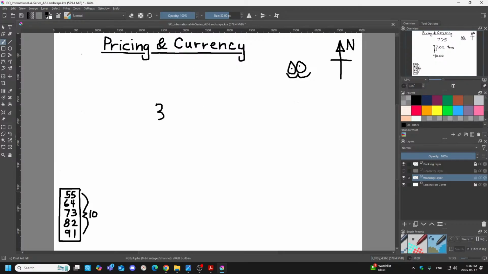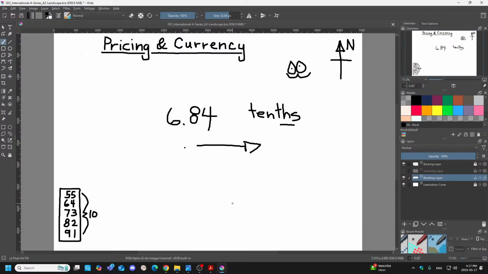Let's do another one. 6.84. Round to the nearest tenths. Again, this is to the right of the decimal, and remember, there's no such thing as "ones-ths."